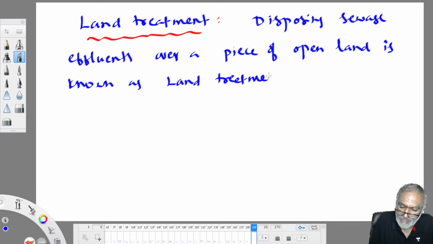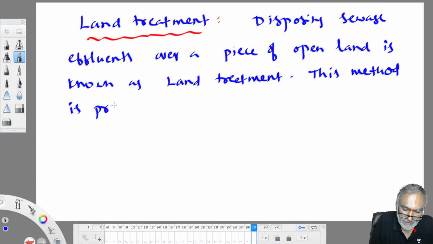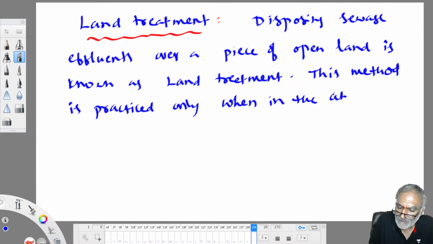Even in case of land disposal, self purification occurs. So this method is practiced only in the absence of a water body. So this is not recommended.